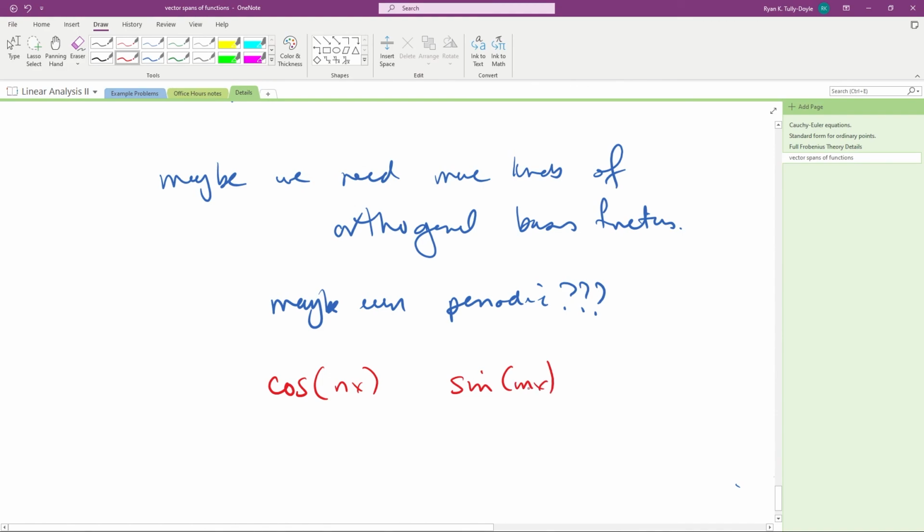And if we build up cosines and sines of different frequencies, maybe that will be a basis of functions. The first thing I'll point out is that if you integrate this from -1 to 1 and n is not equal to m, this integral is 0. So there's your clue about where we're headed.